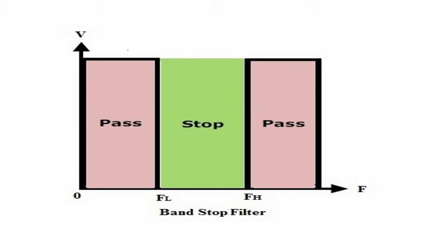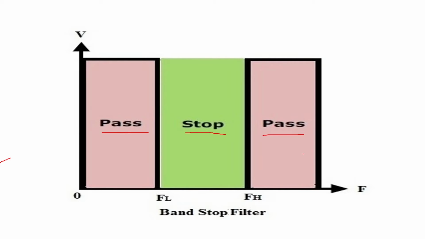a band elimination filter or band reject filter. If you see the graph of voltage gain versus frequency, here you have your pass band, then you have your stop band, and then again the pass band.